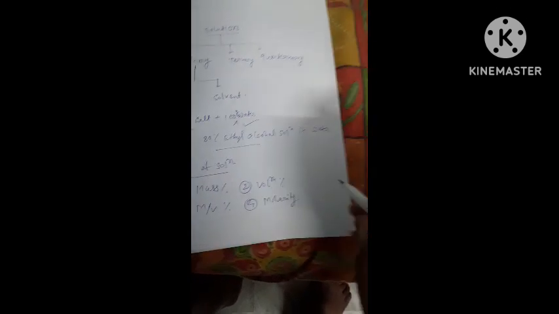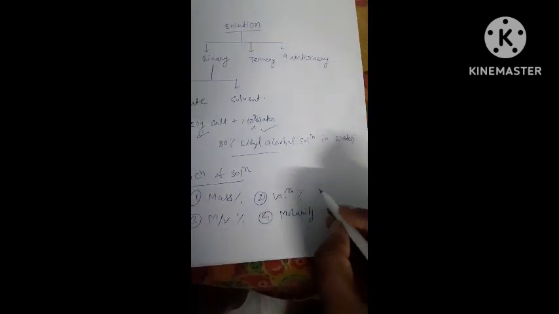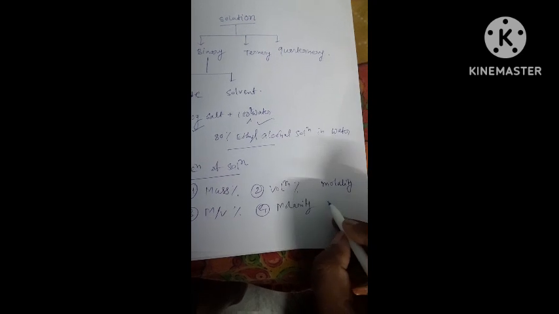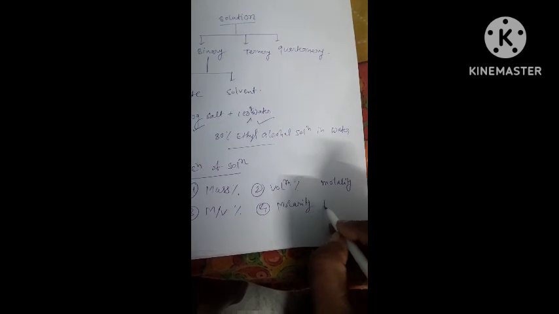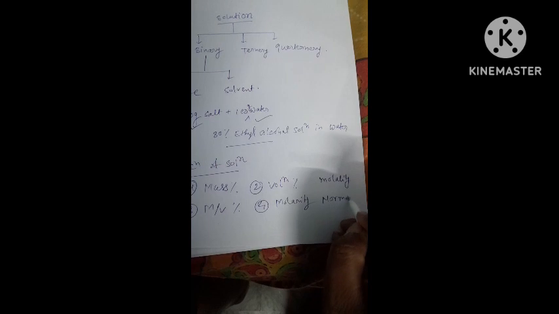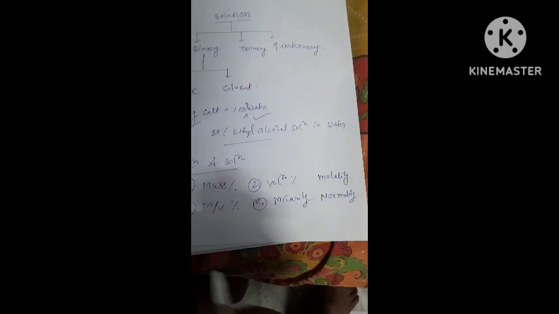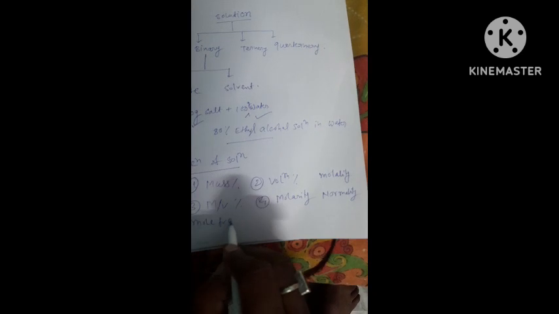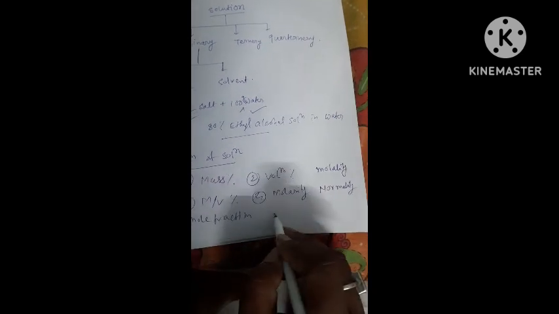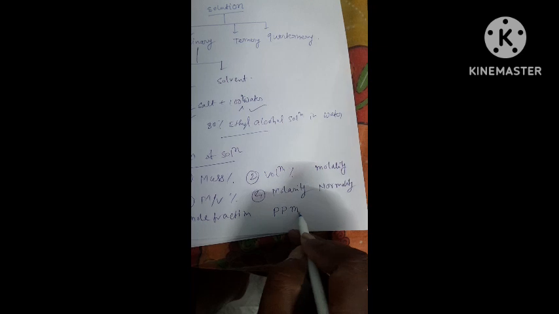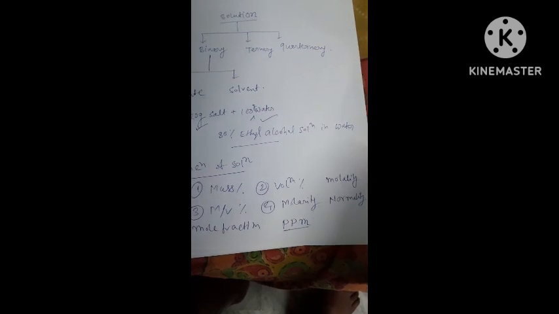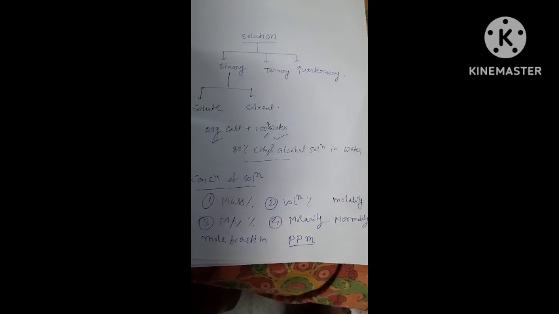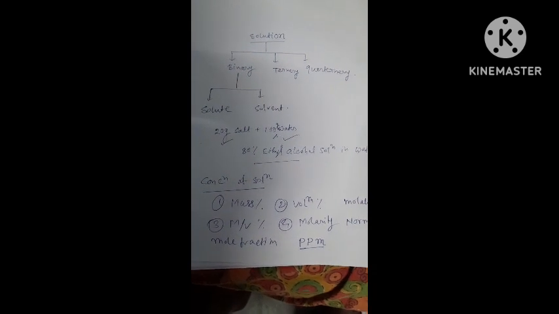Next method of expressing concentration of solution, it will be molality. Then another topic will be coming, that is normality. Afterwards, the mole fraction, another important, ppm, whose full form is parts per million. So these are the various methods of expressing concentration of the solution.